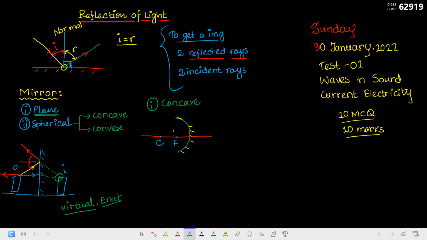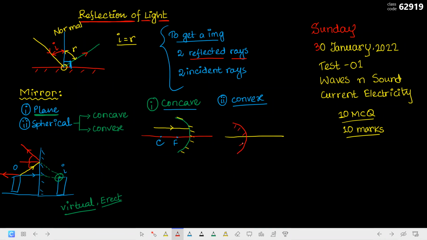Now, for concave mirror and convex mirror, number 2 is convex mirror, there are some ray diagram rules, right? These are very important. If the light ray comes parallel to the principal axis, similarly, I will draw a convex mirror here.